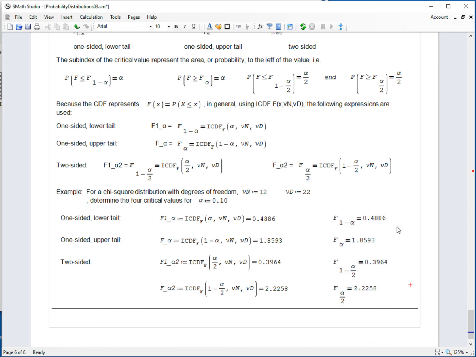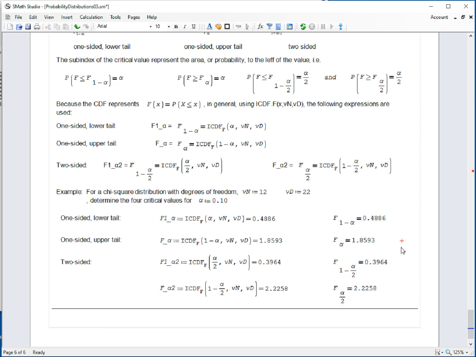So F sub 1 minus alpha, we use alpha as the probability. F sub alpha, we use 1 minus alpha as the probability. And then for the two-sided case, we have two positions: for F sub 1 minus alpha over 2, we use alpha over 2 as the probability, and for F sub alpha over 2, we use 1 minus alpha over 2 as the probability in there. And we obtain the corresponding critical values.